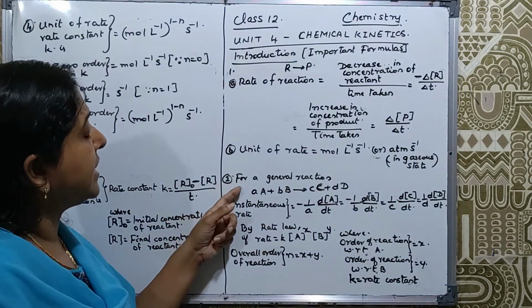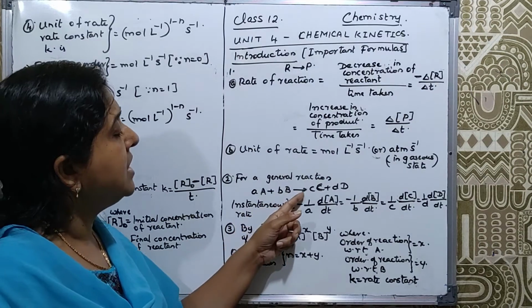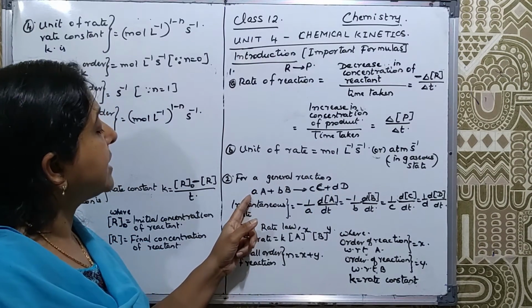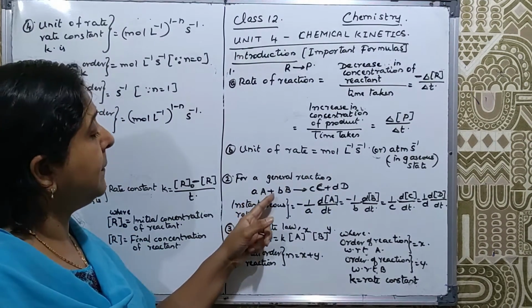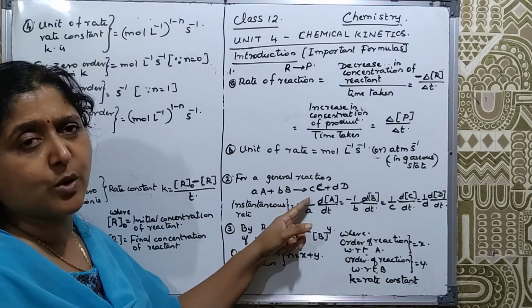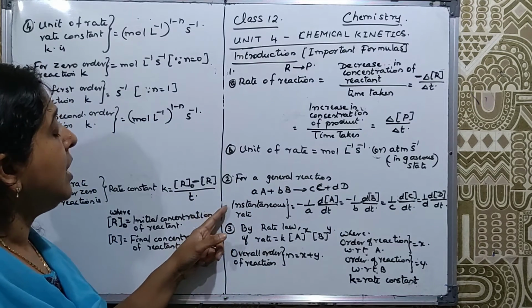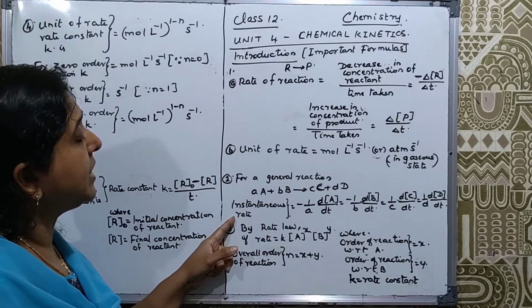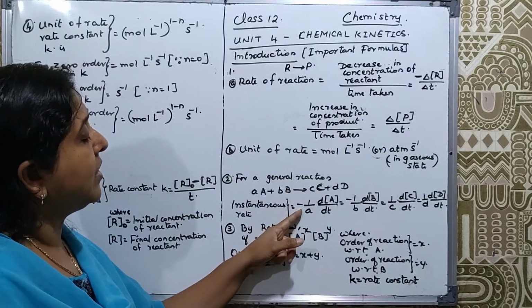Then for a general reaction, aA plus bB gives cC plus dD, where the small letters a, b, c, d are the stoichiometric coefficients. The instantaneous rate of reaction will be equal to minus 1 by a into d[A] by dt. Why minus?